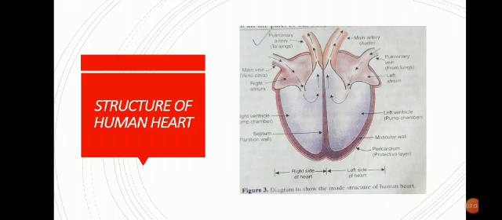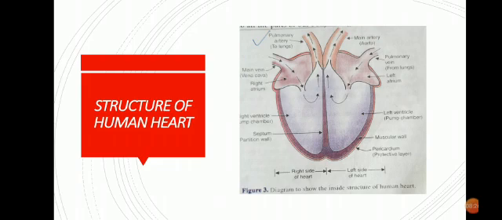The top side of the right atrium, here you see, is connected to the main vein. I hope you can see the main vein over here. This main vein is also known as the vena cava, remember. This main vein brings the deoxygenated blood from all the body organs, right?